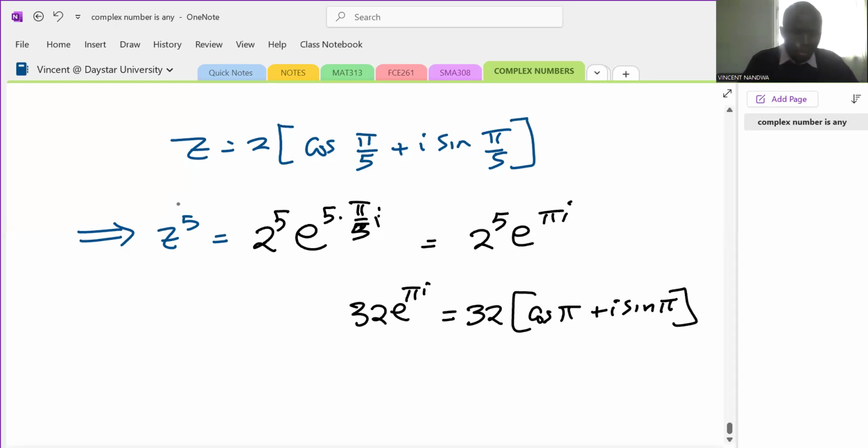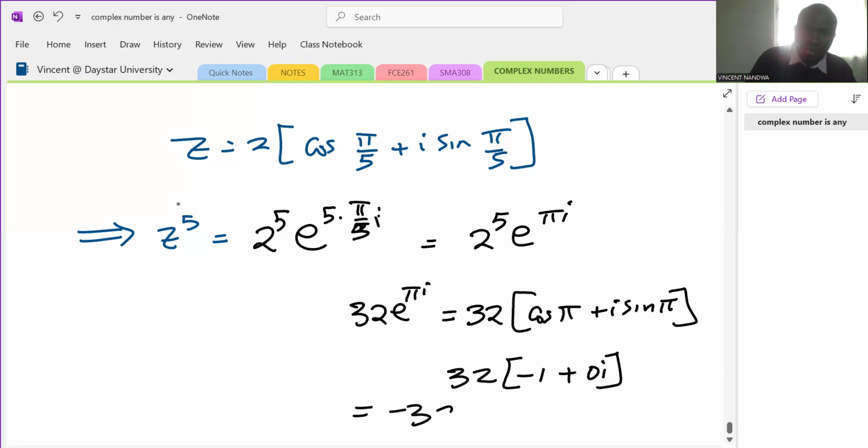And cosine of pi is -1, and sine of pi is 0. So we'll have 32 into (-1 plus 0i). So this will give us -32 plus 0i as our solution.